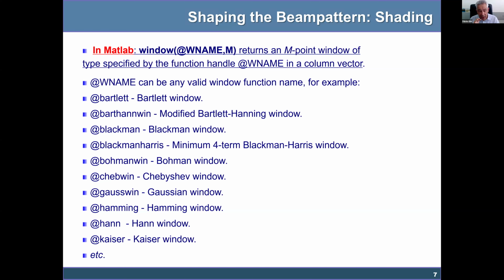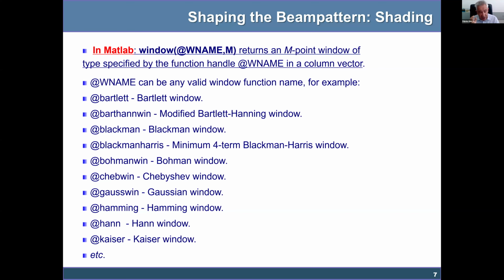And once you understand the trade-off, you can find a good window for your application. But please understand that the optimal solution does not exist. It's up to you, based on your experience, to find the window that provides the best trade-off between different needs.